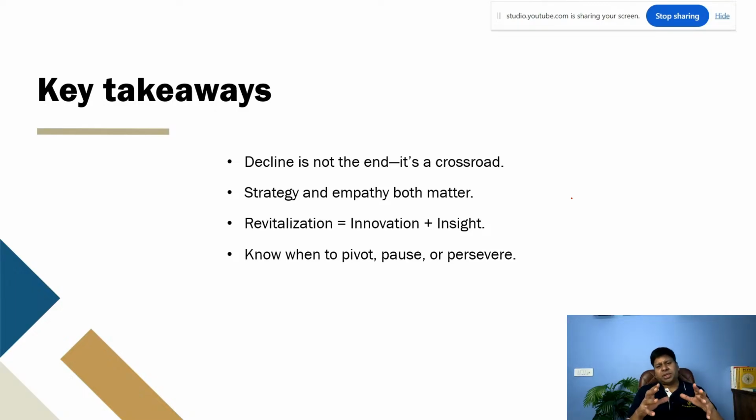So today's session focused on the declining phase and how to decide whether it's the right time to sunset or revitalize. In the next session of this series, we will cover pricing strategies: at what stage what should be the pricing strategy, and when we should get maximum profit.